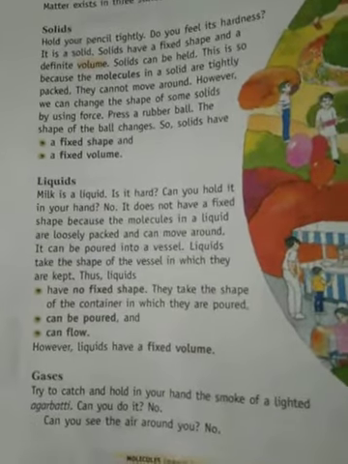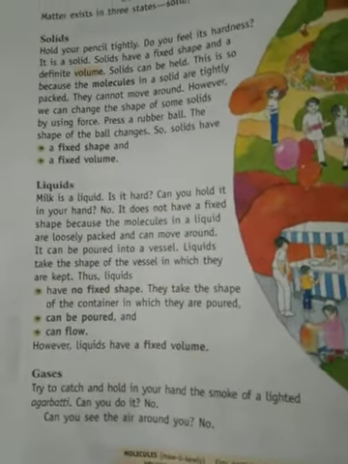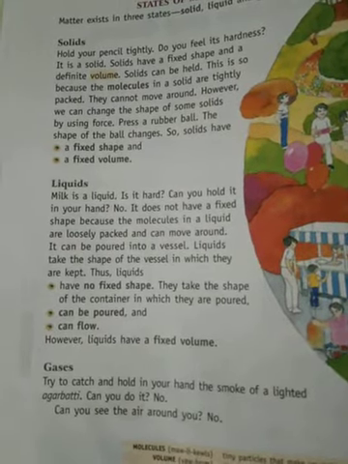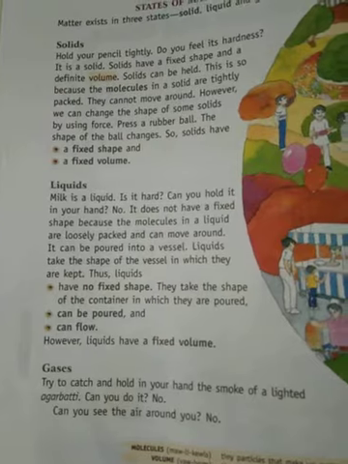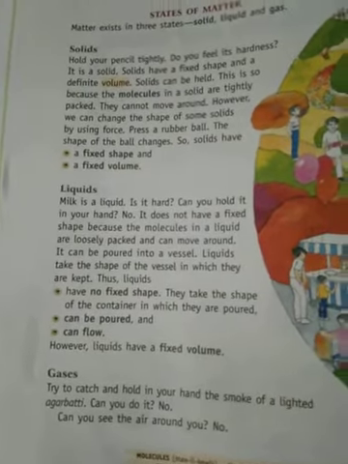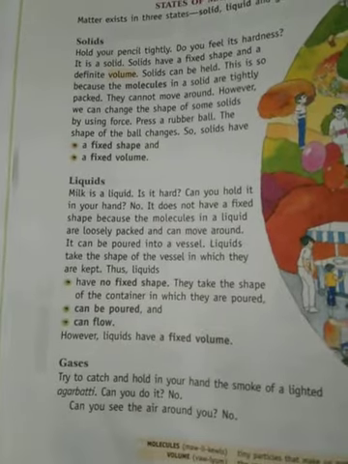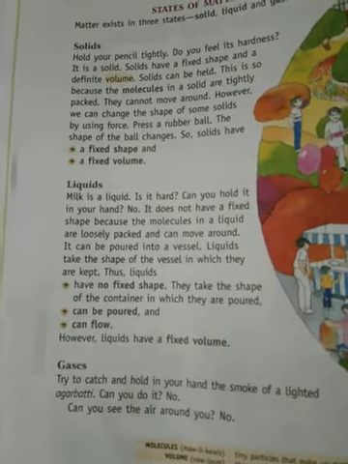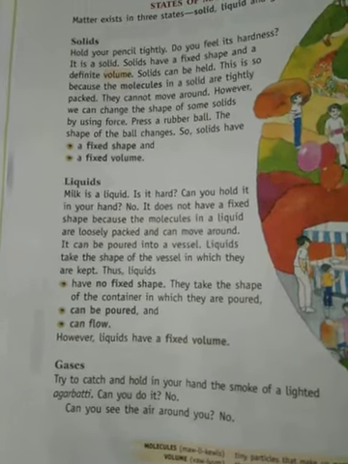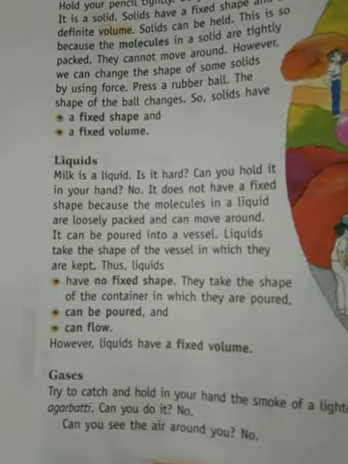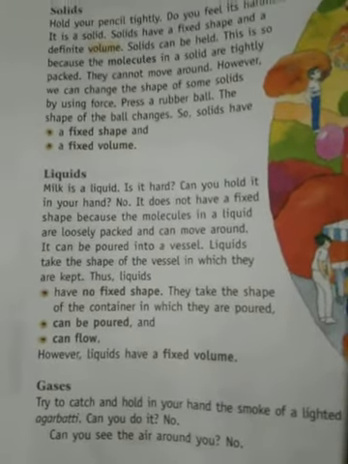Now come to the liquid. What is liquid? Milk is a liquid. Is it hard? Can you hold it in your hand? No. It does not have a fixed shape because the molecules in a liquid are loosely packed and can move around, isn't it? See, milk is a liquid. We all know about it. Why is it liquid?